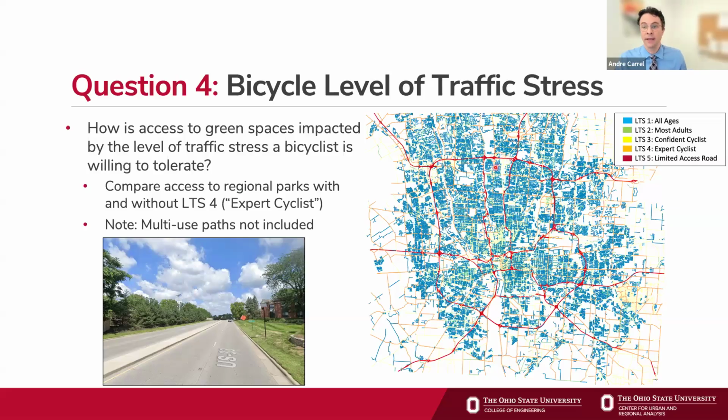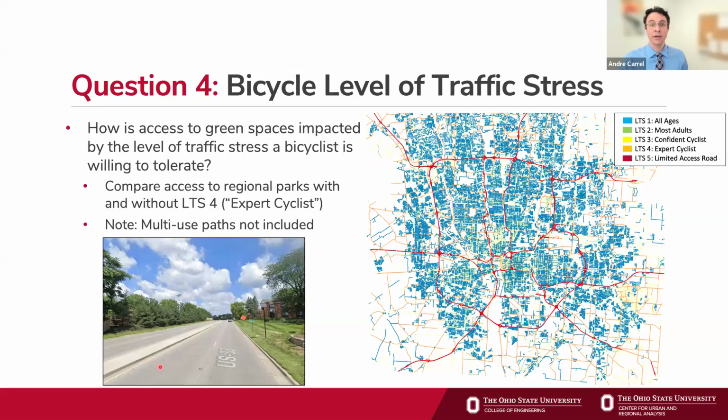These are the freeways. But we were specifically interested in how access to green spaces is impacted by the level of traffic stress that a bicyclist is willing to tolerate. And so particularly what we're going to focus on here is level of traffic stress number 4, which is labeled expert cyclist. So we're comparing access to regional parks with and without level of traffic stress 4.